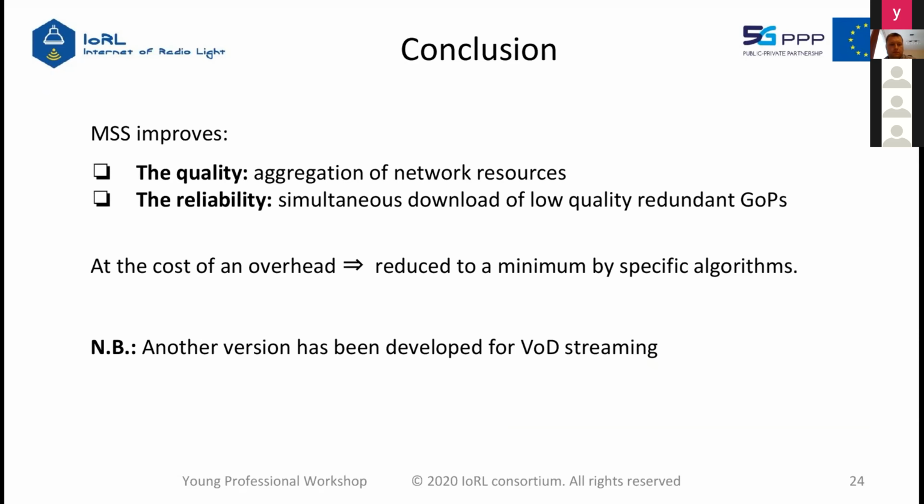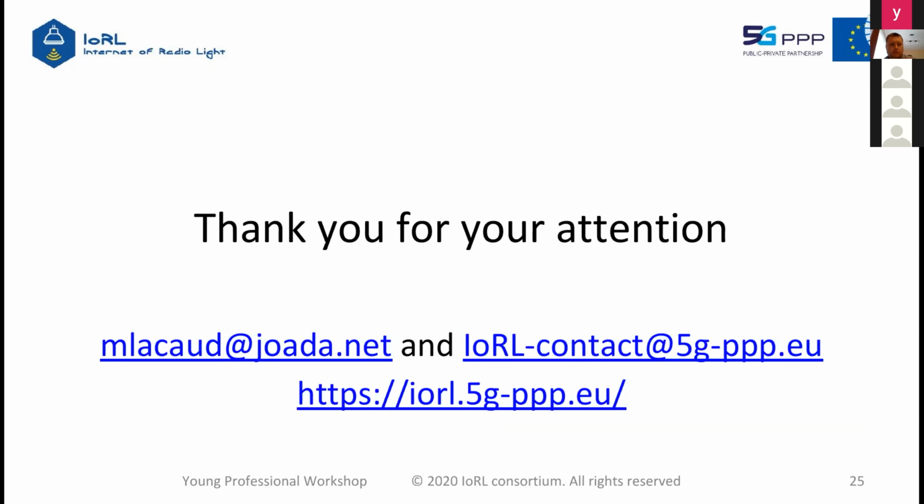All of that is at the cost of an overhead in the network, but we managed to reduce this overhead to a minimum by using specific algorithms. Of course, we have developed other versions for video on demand streaming and also other algorithms for live streaming, but it was too long to be presented in this presentation, so I focused on the main ideas. Thank you for your attention, and you may ask questions if you want.